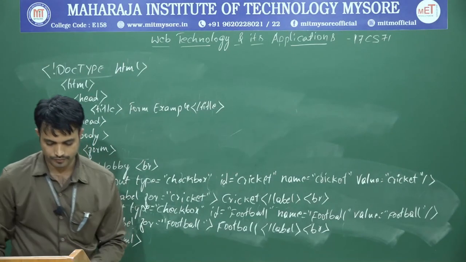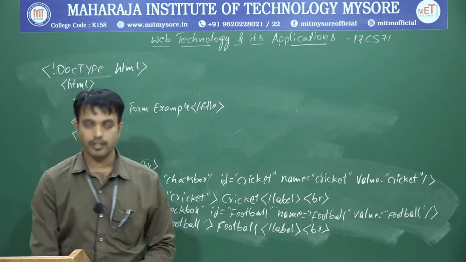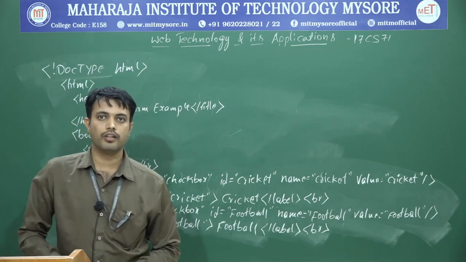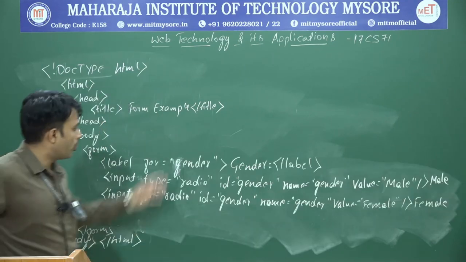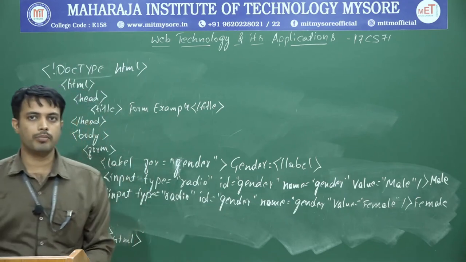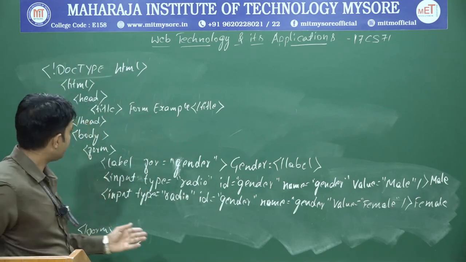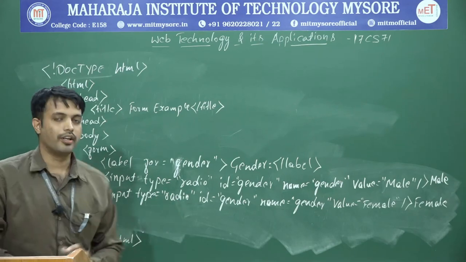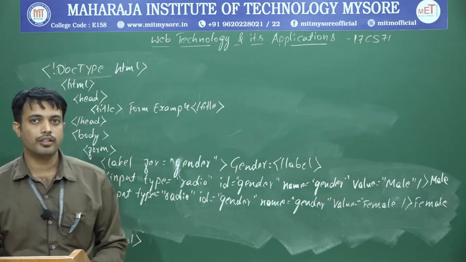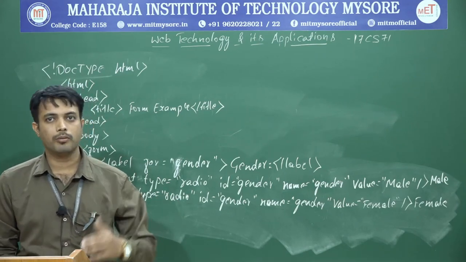Next, let's look into a radio button example. This is the radio button example. We use radio buttons in order to select one option among many.